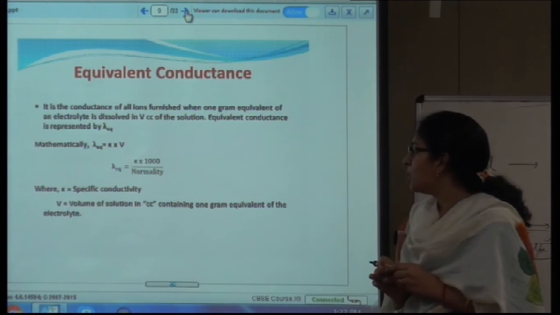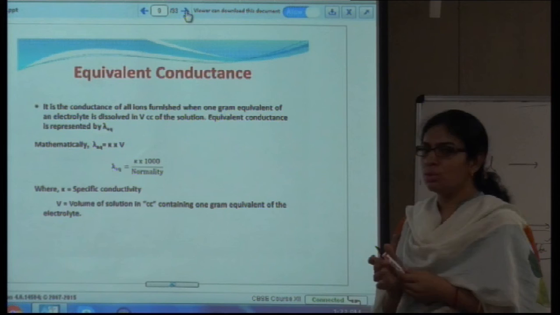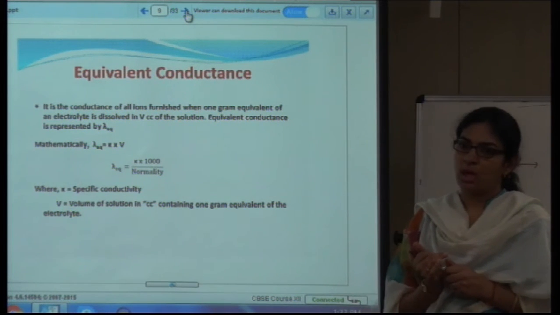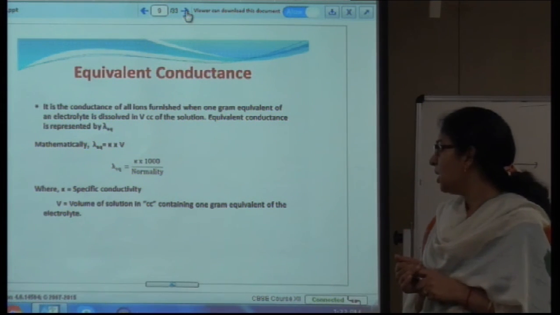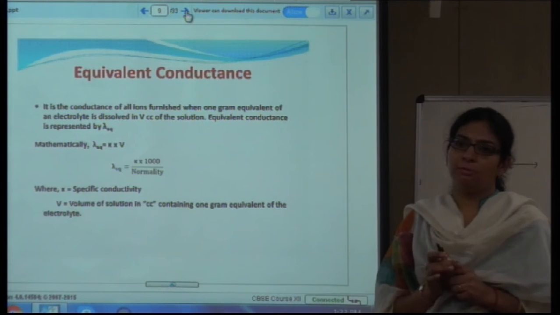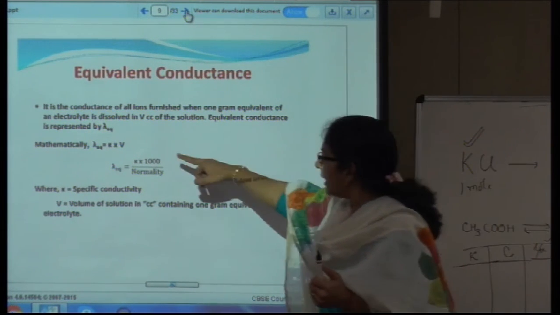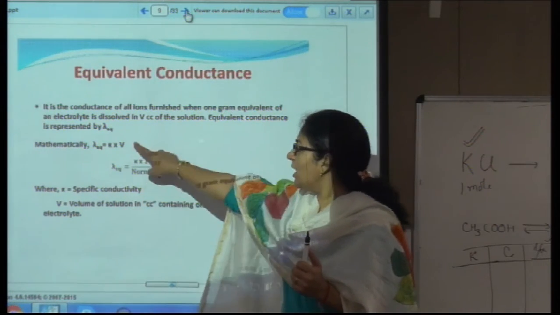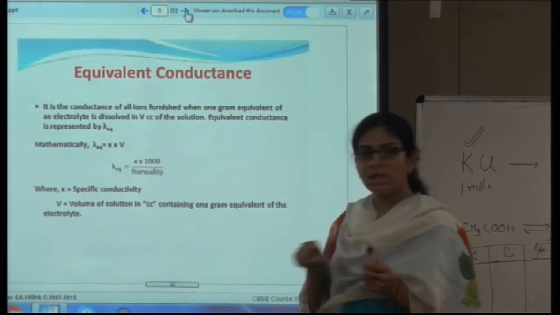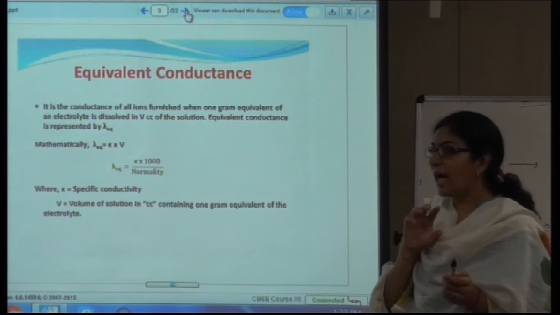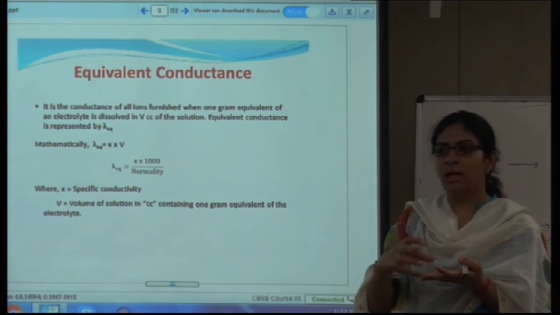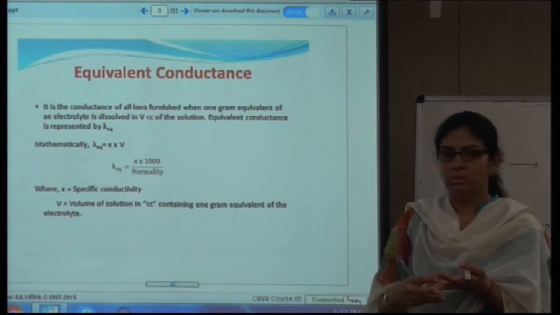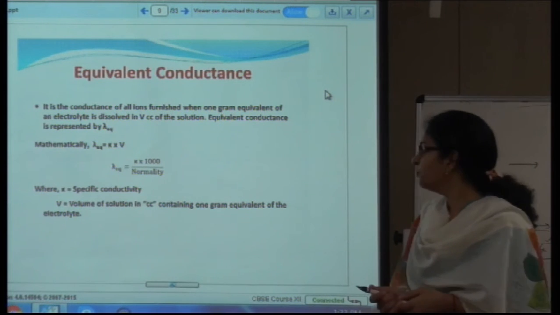In the denominator, you can define it simply as kappa into 1000 by normality, where you have to be careful that V is the volume of the solution in cc that contains 1 gram equivalent of electrolyte, correct?